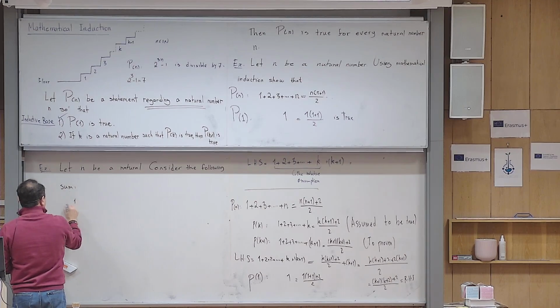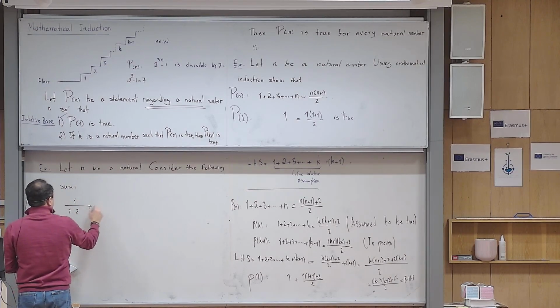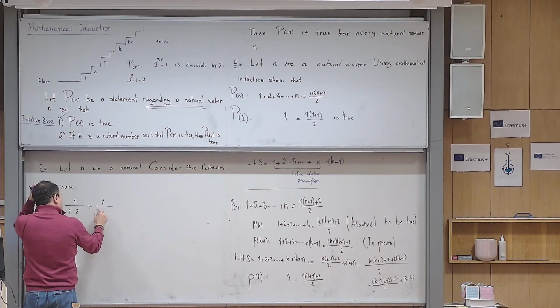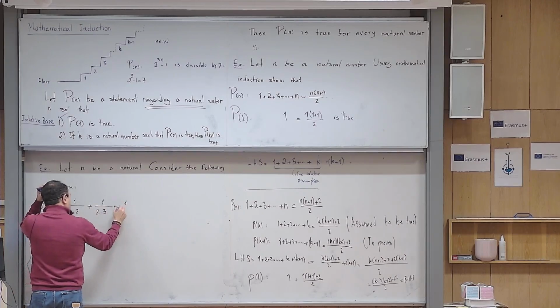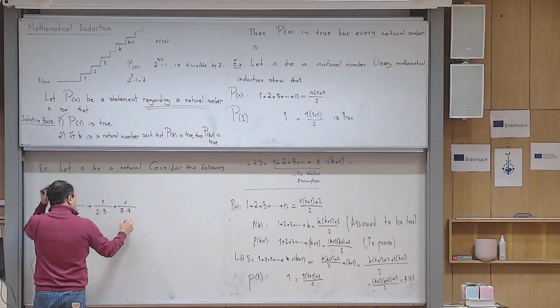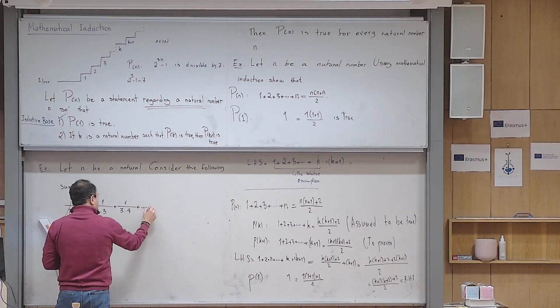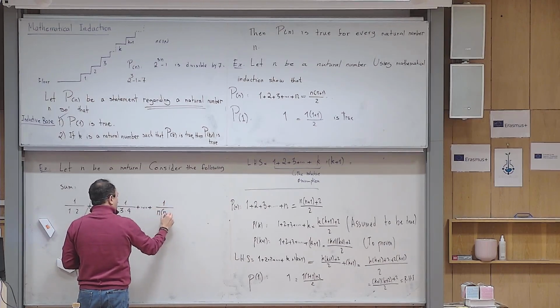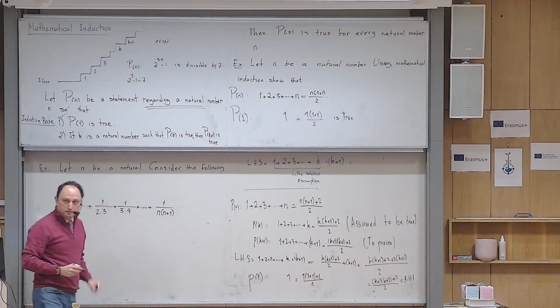The sum is 1 over 1 times 2 plus 1 over 2 times 3 plus 1 over 3 times 4. Let us continue this list, up to 1 over n times n plus 1. So this is a sum. Yes?